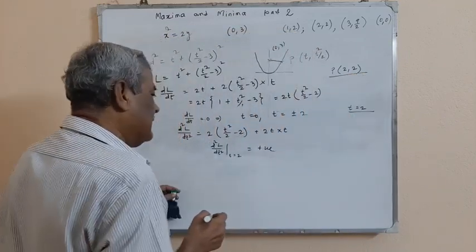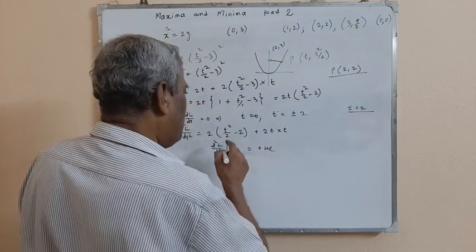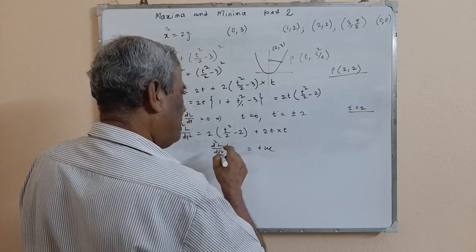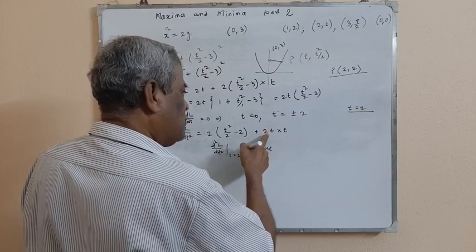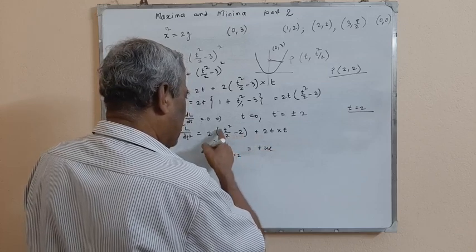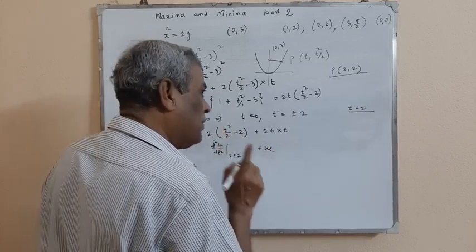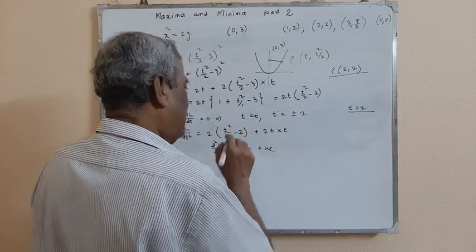And d2L/dt2 at t is equal to 0 is negative, so it is not minimum there.